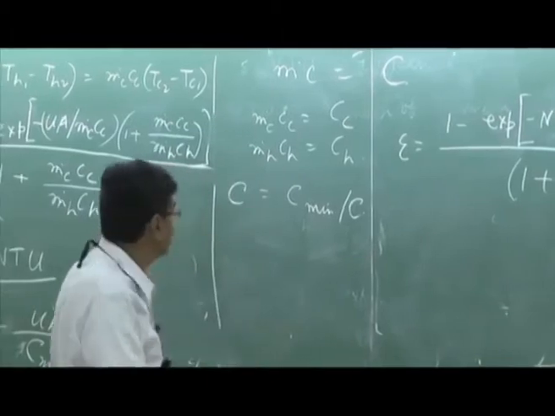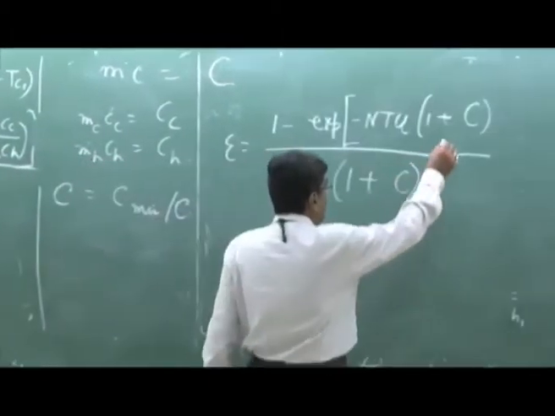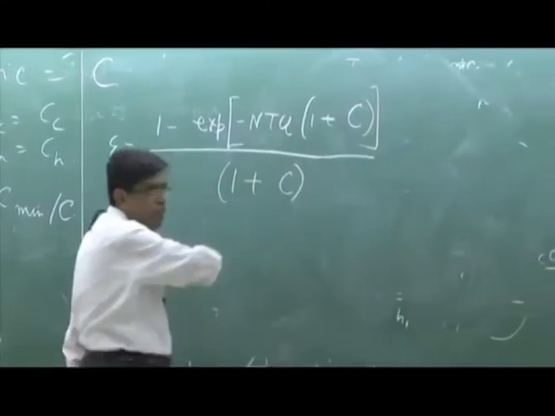That means C min by C. So this is the expression, and this expression is for parallel flow.